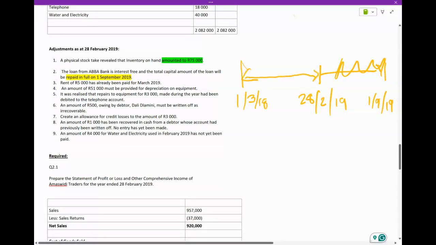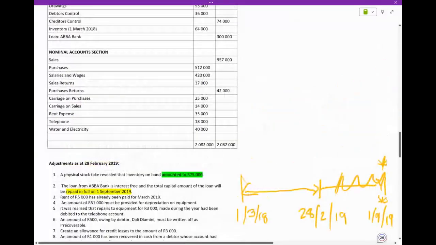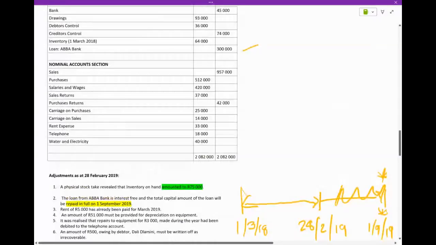Accrued expense? No, it hasn't fallen due. It only falls due on 1 September. So the relevance of this is when we look at our ABB loan, this 300,000, it's due within how many months? 9 months.